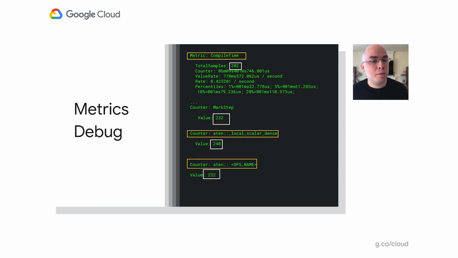In the third problem that we discussed, the op that has not been lowered yet, you will see an aten counter with the op's actual name. And in this case, we have 232, probably once per step, that some op needs to be lowered in XLA. And once you iron those issues out, the code will run much faster and will be very performant.